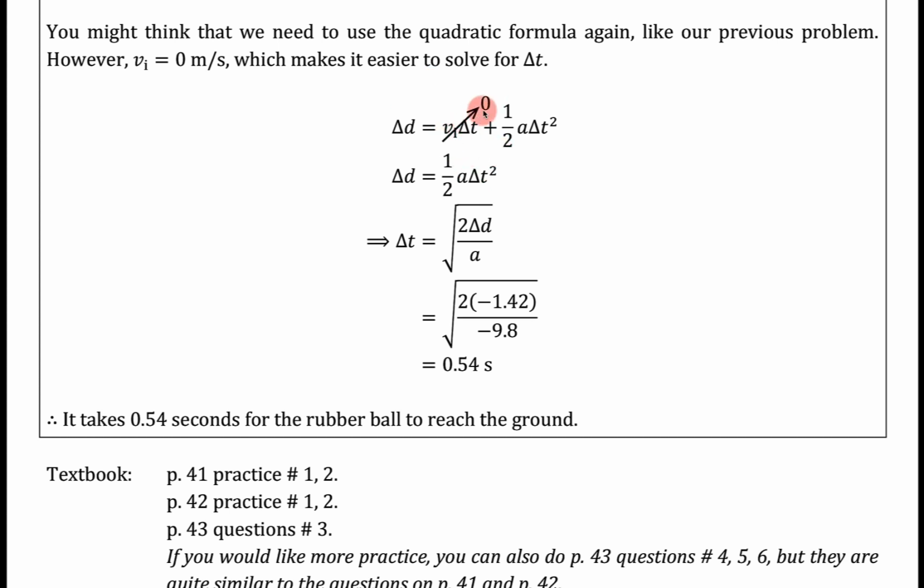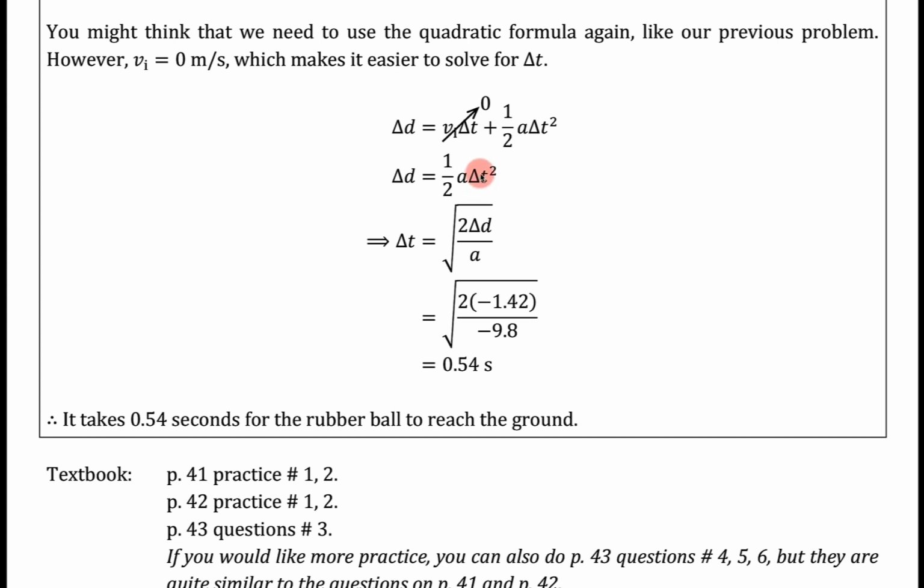Okay, so this actually makes our life easier. If this part disappears and goes away, then we're just left with delta d equaling half a delta t squared. And solving for delta t is straightforward now. We don't need to use the quadratic formula.